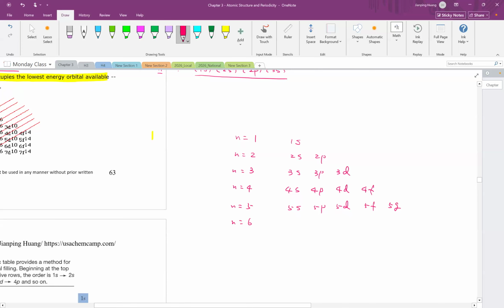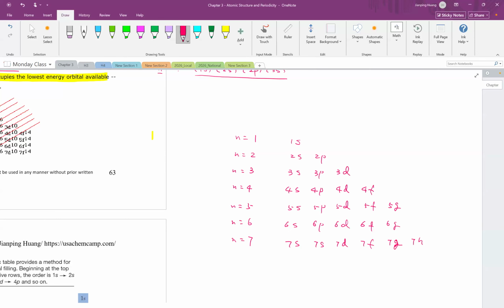N equals 6: 6s, 6p, 6d, 6f, 6g. N equals 7: 7s, 7p, 7d, 7f, 7g, 7h.